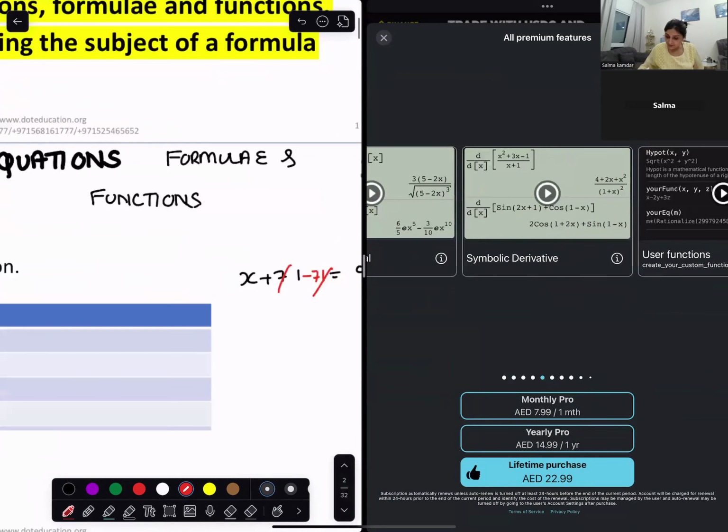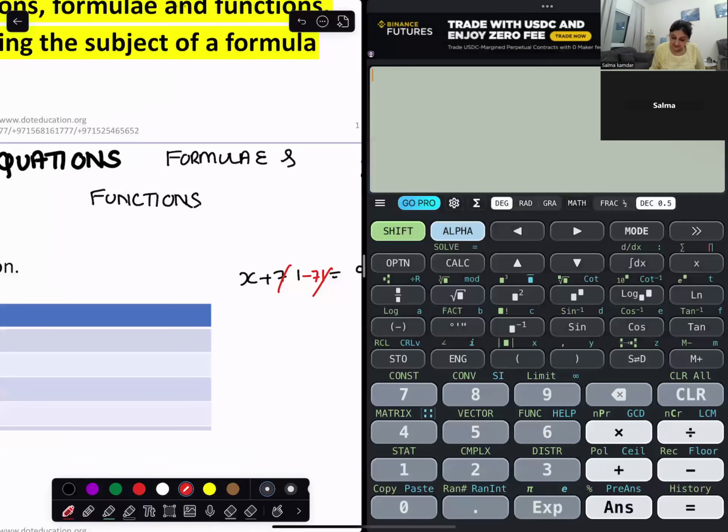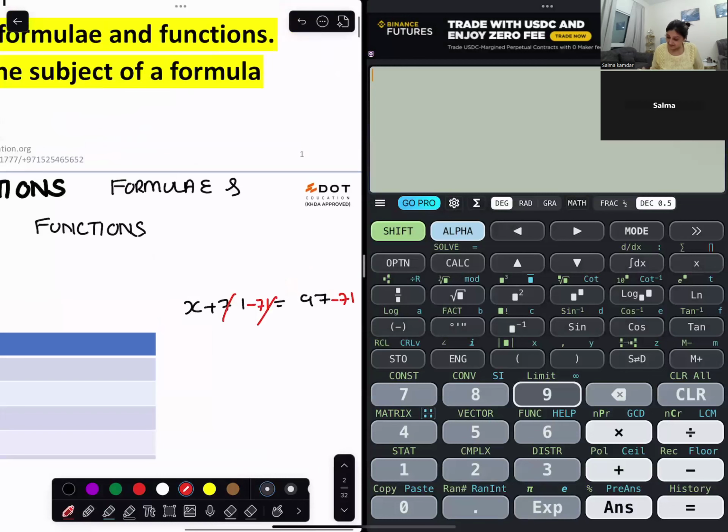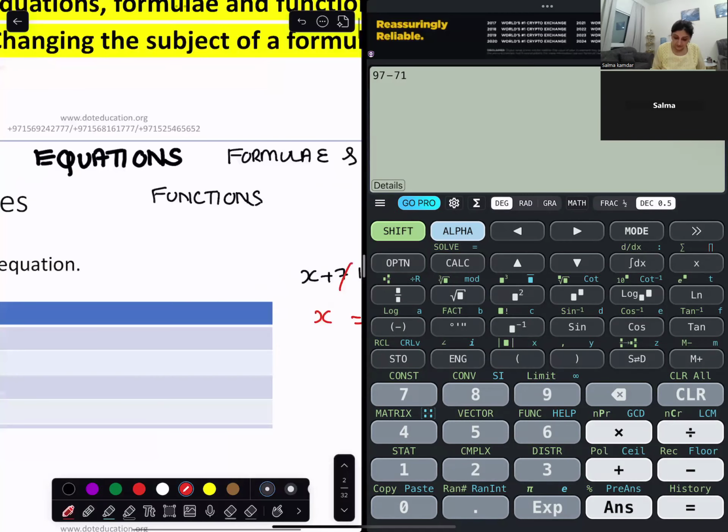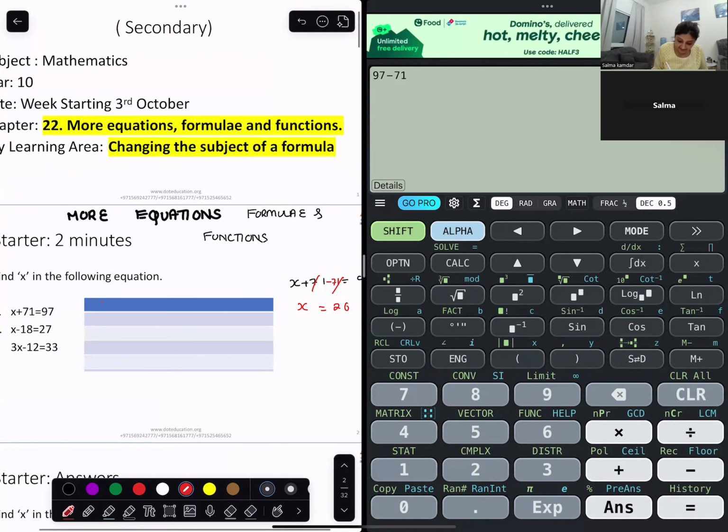And what you are left with? 97 minus 71. You're going to get 26. So your x is equal to 26. Your first one, x is equal to 26.